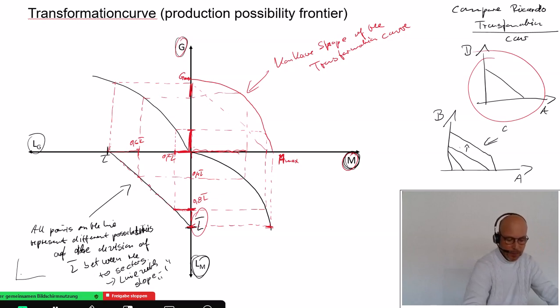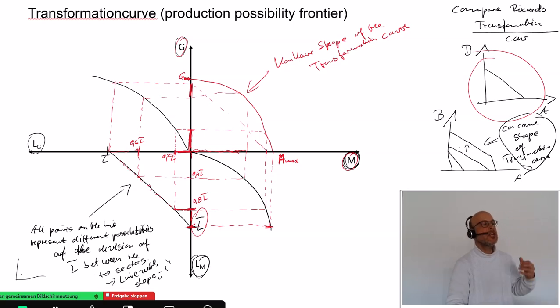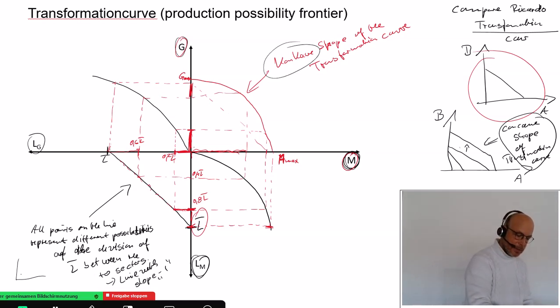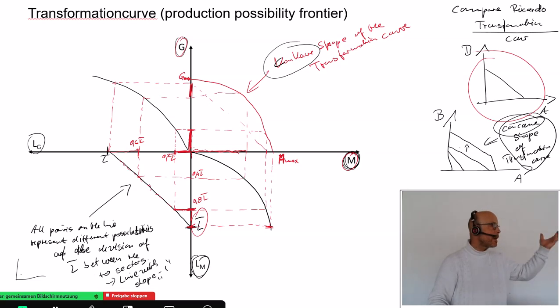Also, here we have a concave shape of the transformation curve. And this is what we generally assume about these transformation curves, that they are concave. And here we have two different explanations for this shape.